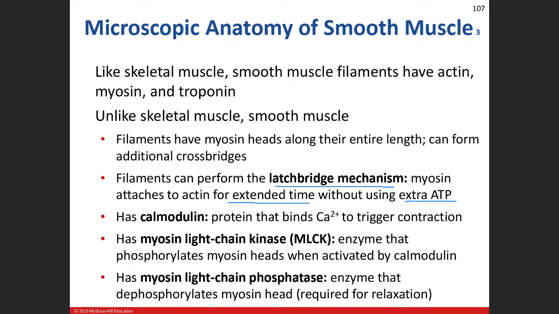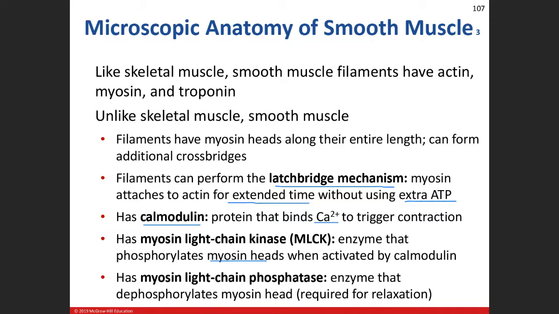Okay? So the players, just a quick reminder: calmodulin is the protein that's going to bind calcium, and that's going to change the shape of that calmodulin. That calmodulin is then going to activate our myosin light chain kinase, and that's what's going to phosphorylate, or add that phosphate to, the myosin head.